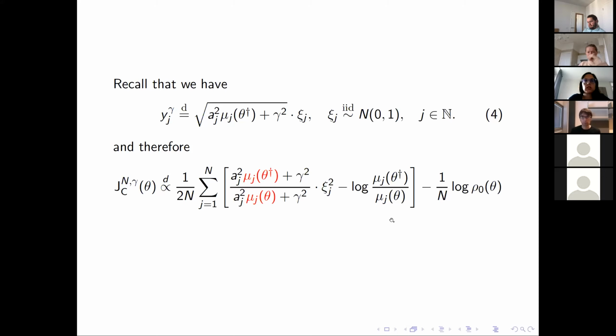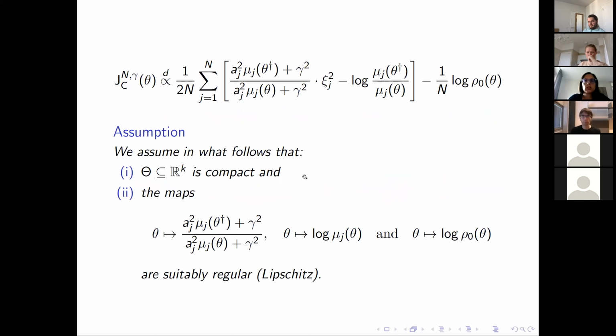And by plugging that into the formula, I get here. So now we are getting closer to actually studying this balance between raising this capital N and letting gamma go to 0. So here's the same formula.